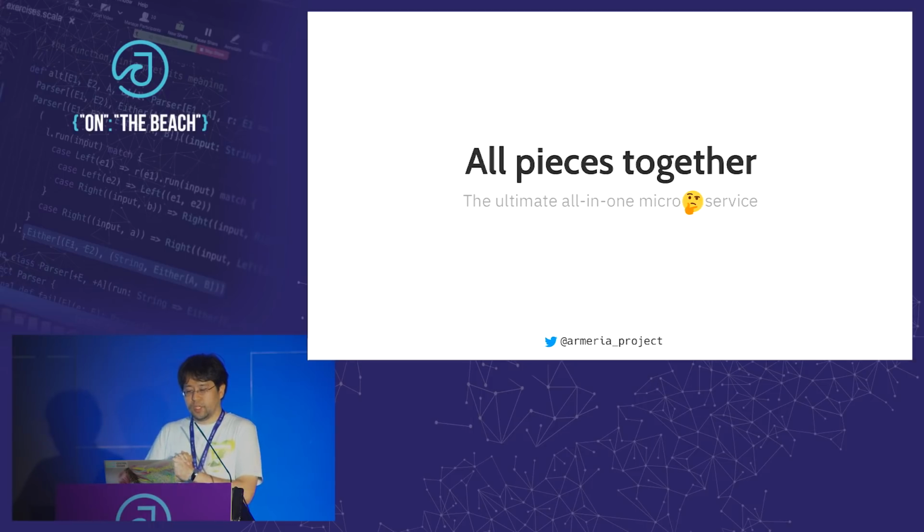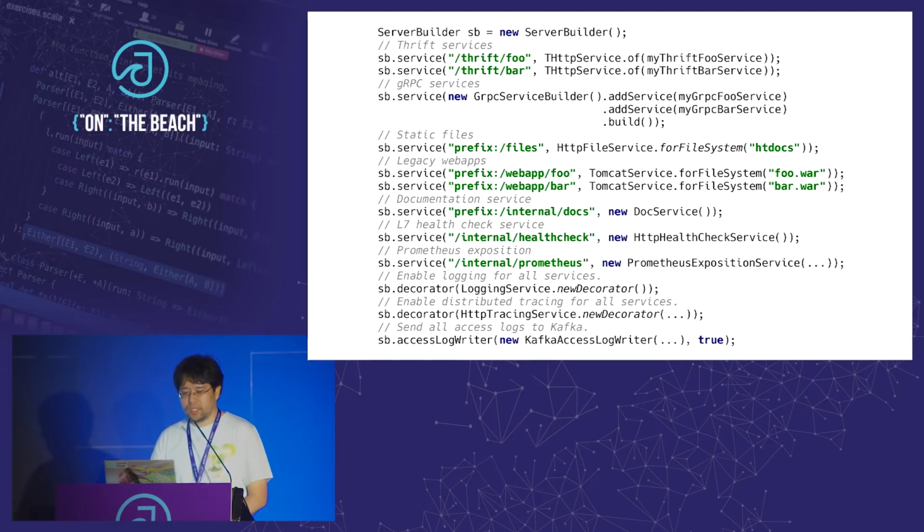So with all pieces together, we can build something really huge, really awfully huge. Yeah, we can add some Thrift service, add some gRPC service in the same server, and sometimes you have to serve some static files. Like, for example, when you build a React front-end application, you have to serve static files as well.